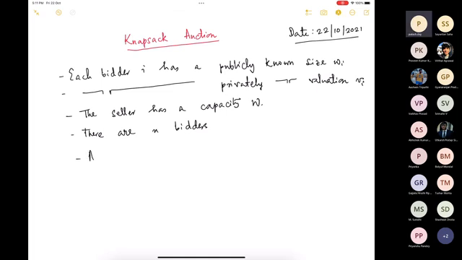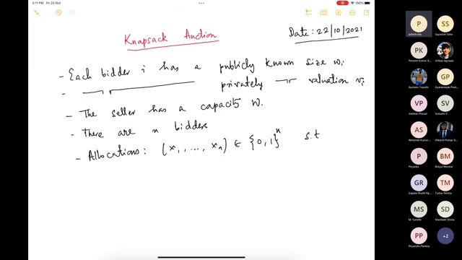And what are the feasible allocations? Allocations. So it is all x1 to xn. Each xi should take value 0 or 1, that is {0,1}^n, such that the size constraint is met.